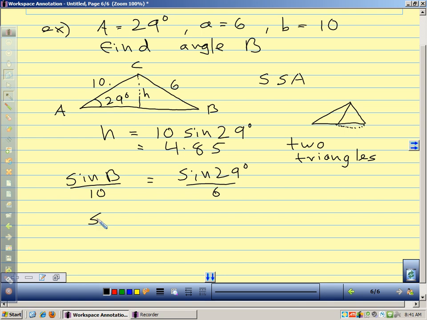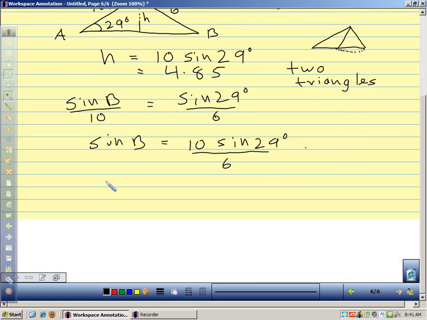So sine B is 10 sine 29 degrees over 6. And we want to take the inverse sine.